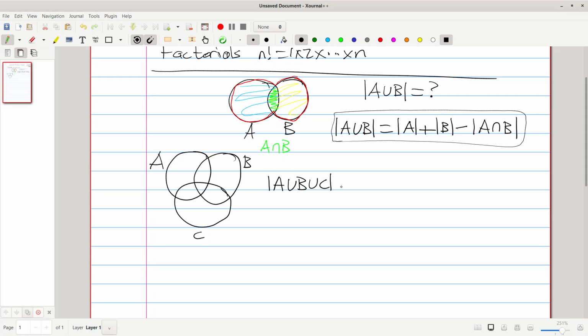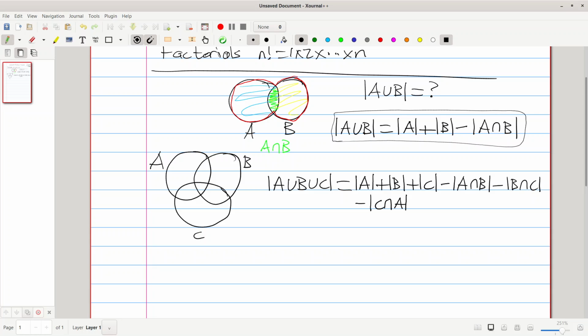A union B union C. Well, as before, I can say, okay, let's take the number of elements in A plus the number of elements in B plus the number of elements in C. Then, of course, I'm counting the overlap between A and B twice. So I need to subtract the overlap between A and B and subtract the overlap between B and C and subtract the overlap between C and A.